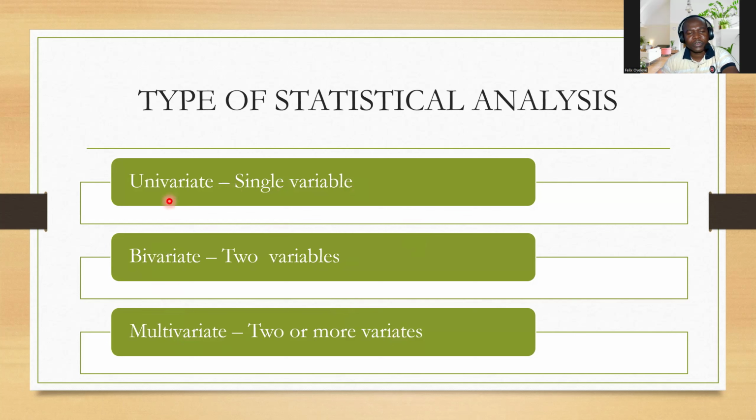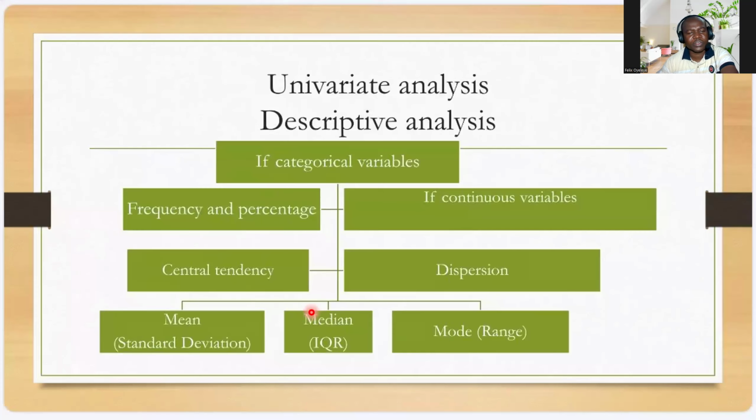You can talk of univariate because you are dealing with a single variable. You can as well talk about bivariate when you have two variables you are examining in your data set. And you can look at a multivariate situation when you have more than two variables in consideration.